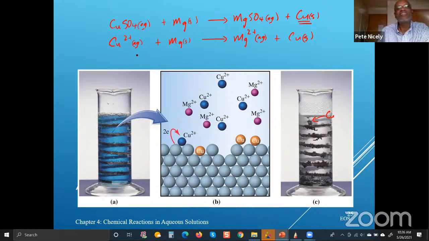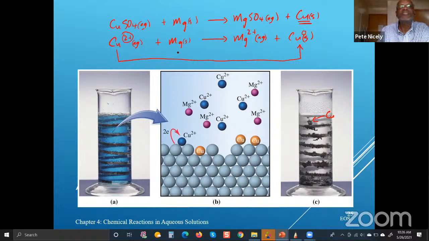You're going to notice that there are changes in the oxidation number of both reactants on the left side. For one, the copper 2+ will undergo a change in oxidation number from +2 here to 0 over here.